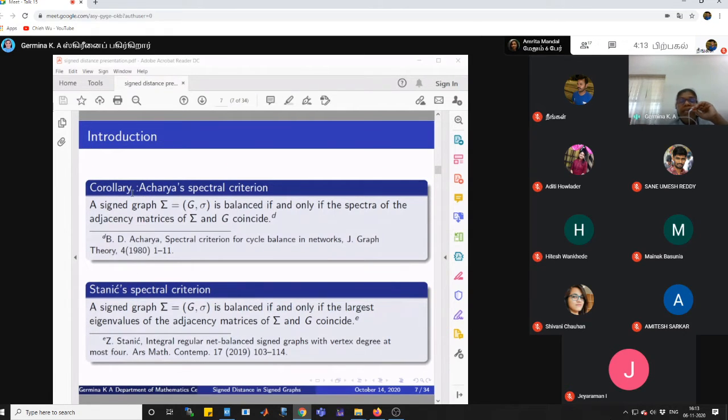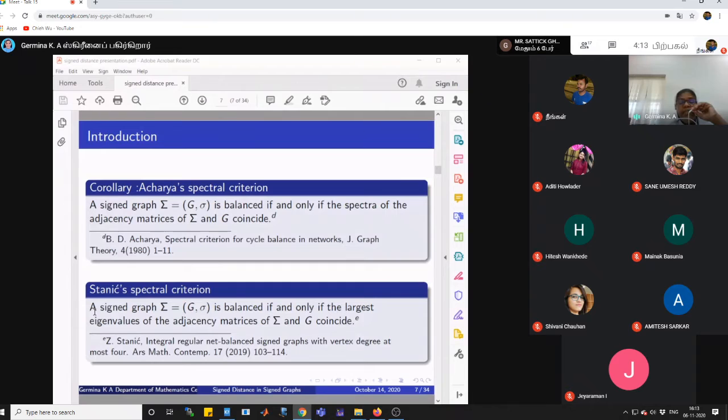Another spectral criterion belonging to Acharya is: a signed graph sigma equals (G, sigma) is balanced if and only if the spectra of the adjacency matrix of sigma and its underlying graph G are one and the same. If somebody is interested, these are all very famous papers, so you can have a look at them for proofs.